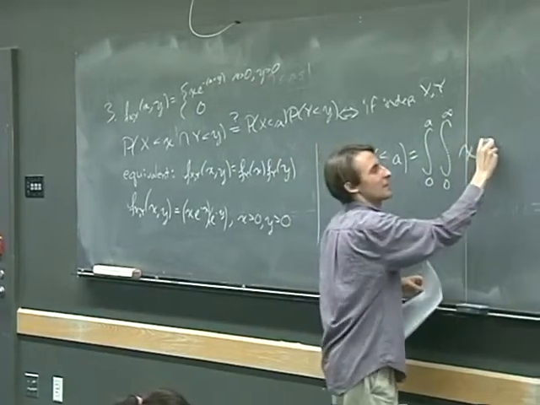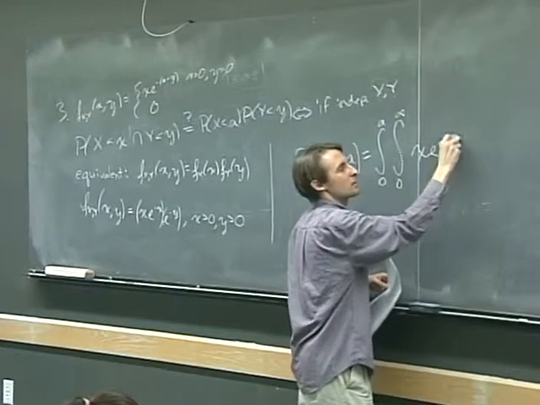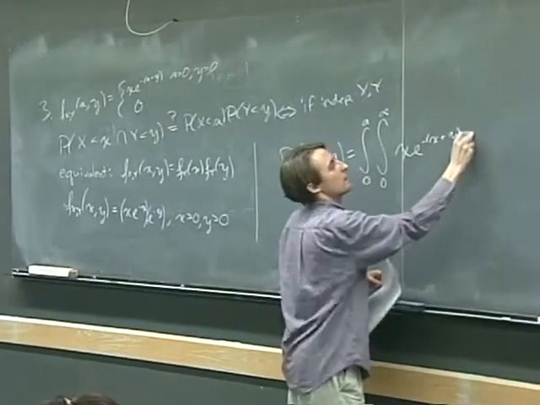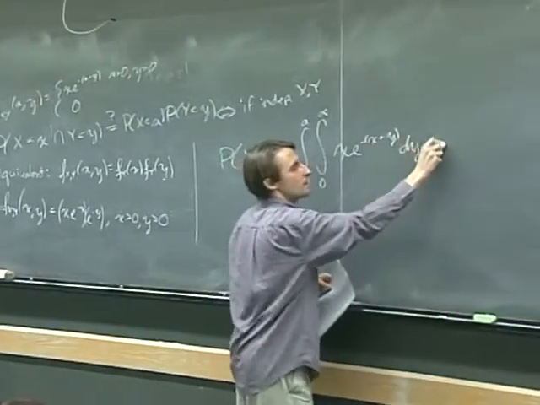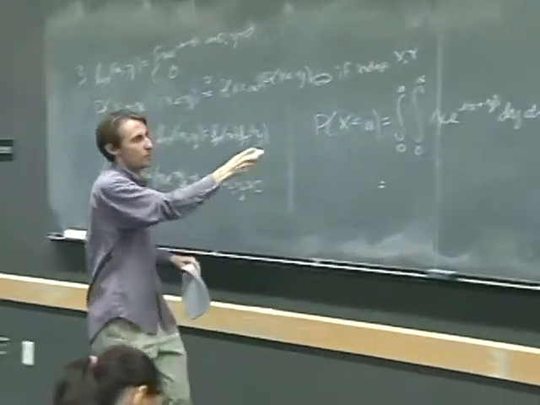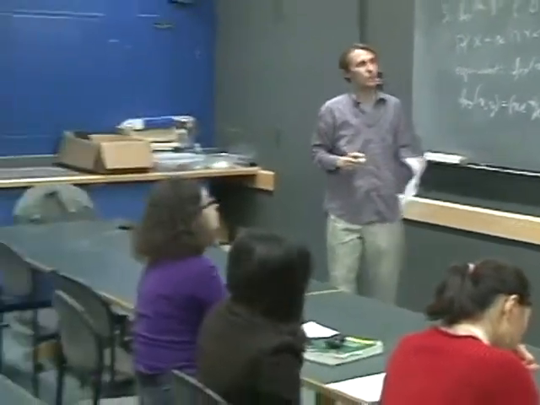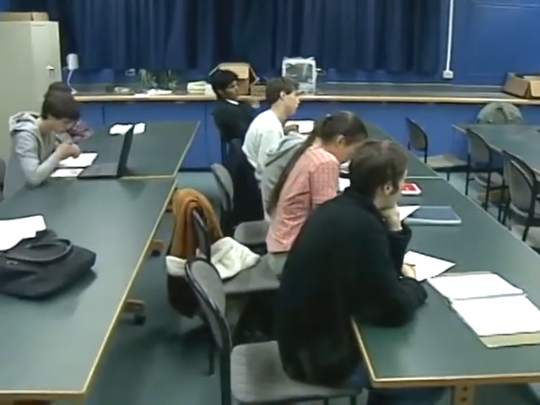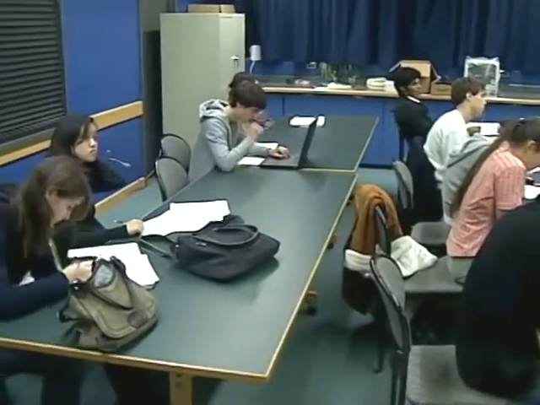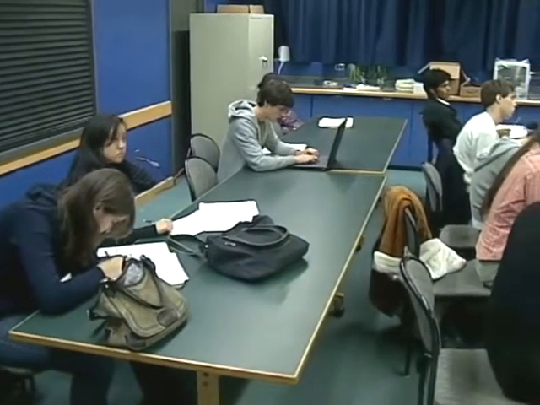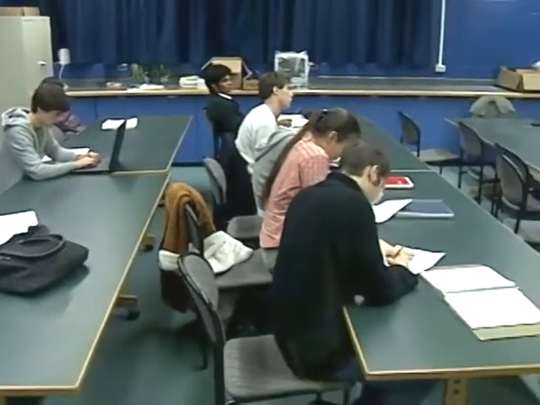So it's x e to the negative x plus y dy dx. Any questions on how we got to that? We have to integrate over all the possibilities for y and all the possibilities for x. Okay, x as part of this event could go from 0 to a, but y could be anything. It doesn't care about y. So we just have to integrate y from 0 to infinity.